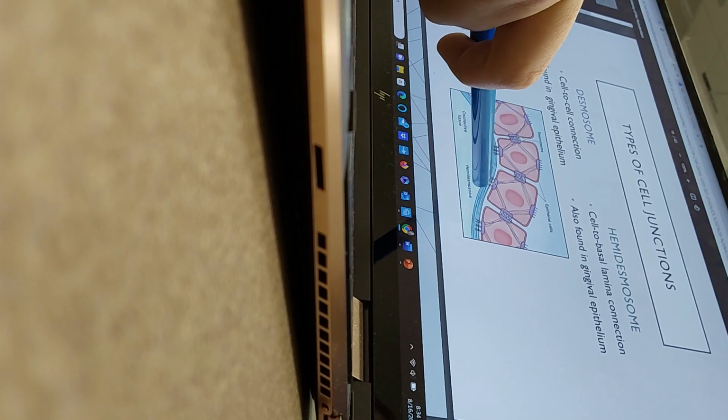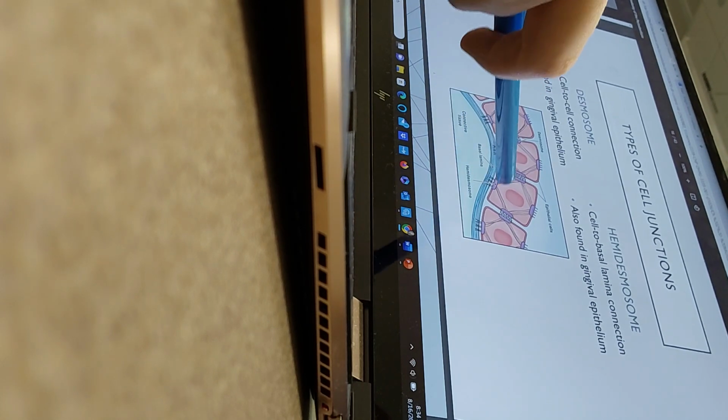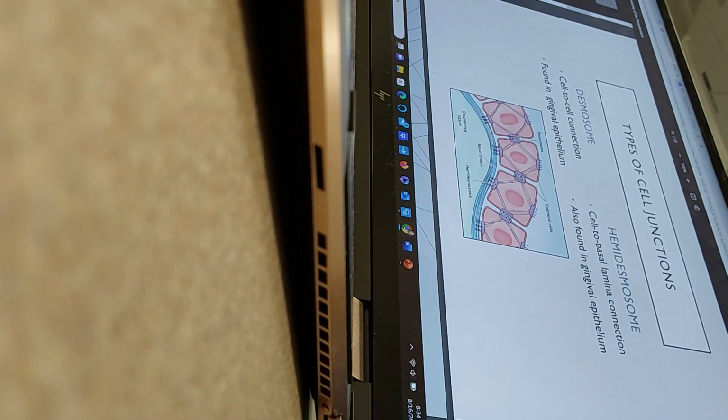So in this case, it's connective tissue. You got it? You with me? You see the little clips? So in that epithelial tissue, there's extracellular matrix, but they also hook to each other. So the little skeleton of the cell is hooked together by desmosomes.